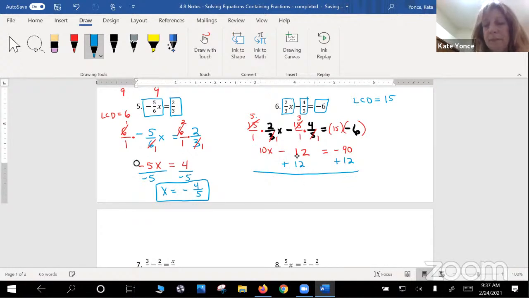And that would give you 10x equals, negative 78. Then we'll divide by 10 on each side.